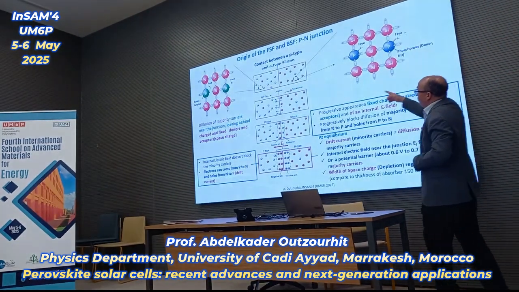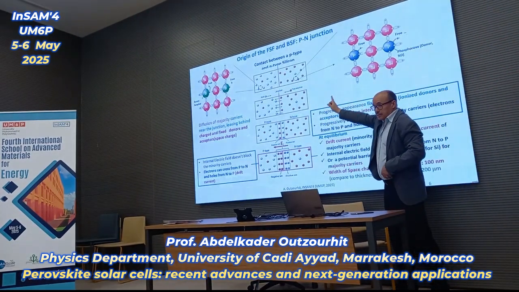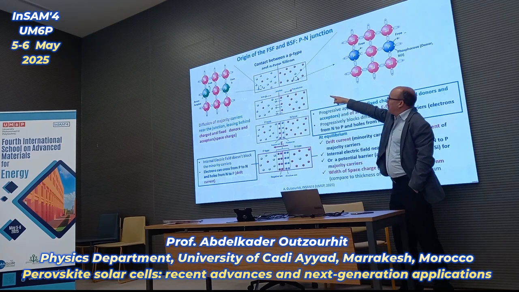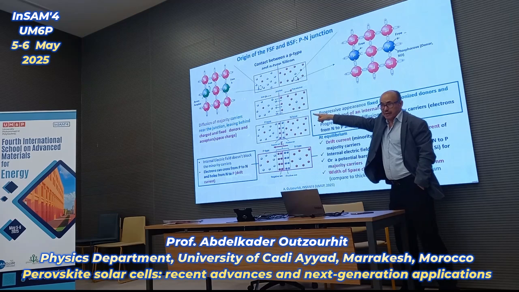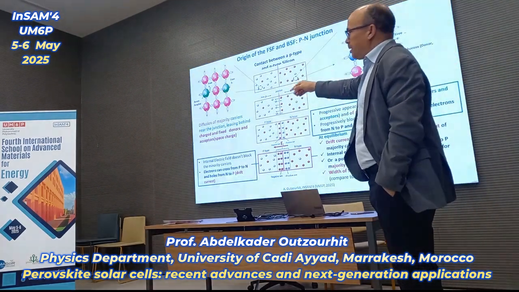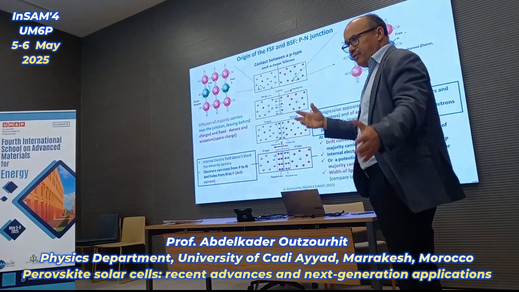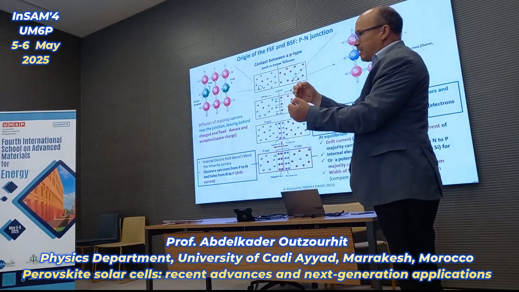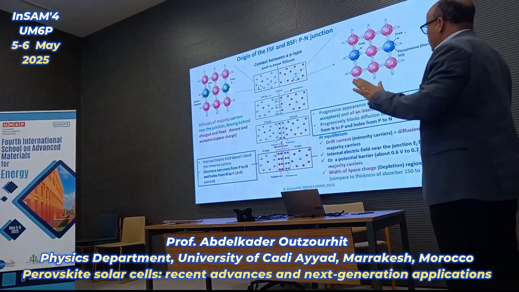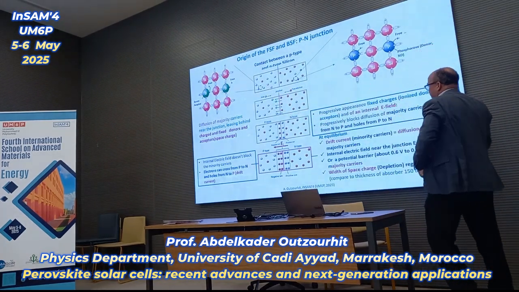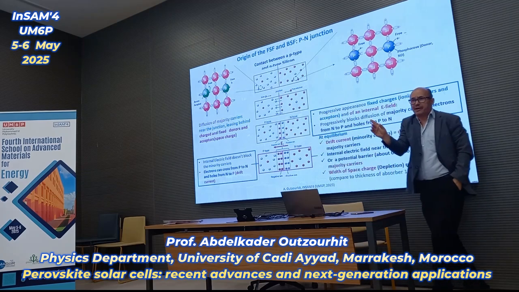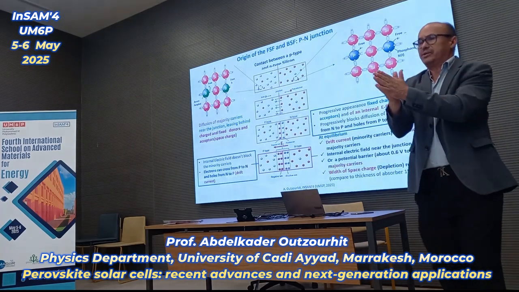And if a hole diffuses from the P-type to the N-type, it will leave behind a negative boron ion, because that hole used to belong to the boron atom, which is neutral. But if the hole leaves, that means that it is occupied by an electron, and the boron becomes effectively negative.